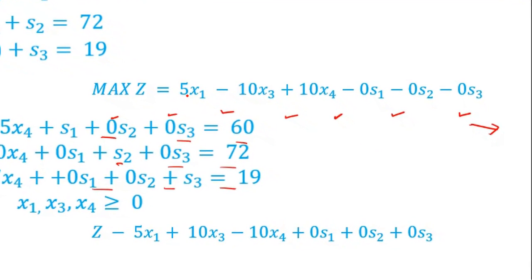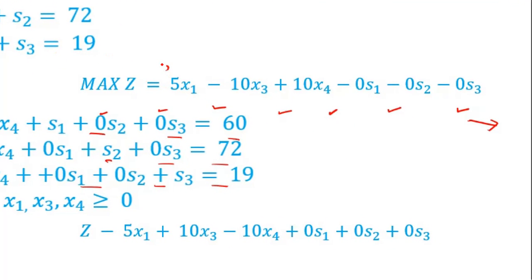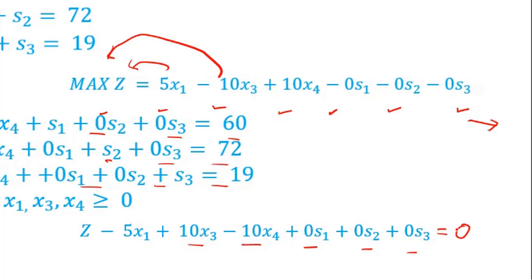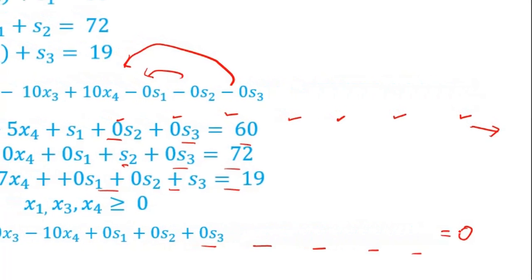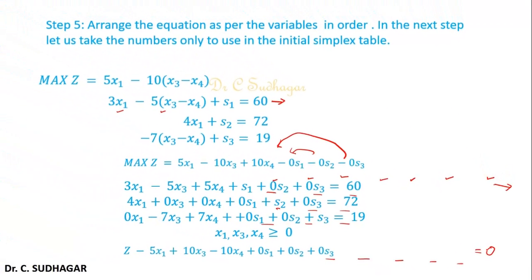Now 5x1 minus 10x3, when you bring it to the left side, it is going to be z minus 5x1, and the minus 10x3 becomes plus 10x3, and plus 10x4 becomes minus 10x4, plus 0 s1, s2, s3 equal to 0. So we have converted the objective function to the left hand side. This is called the canonical form. We have arranged all the equations in the proper order.